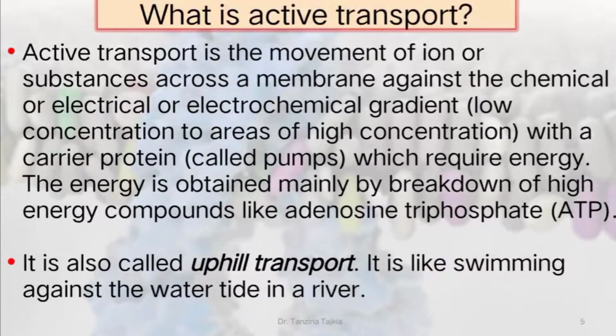Active transport is the movement of ions or substances across a membrane against the chemical, electrical, or electrochemical gradient with a carrier protein which requires energy. This energy is obtained mainly by breakdown of high energy compounds like adenosine triphosphate. It is also called uphill transport. It is like swimming against the water tide in a river.